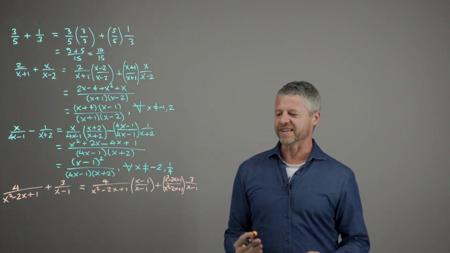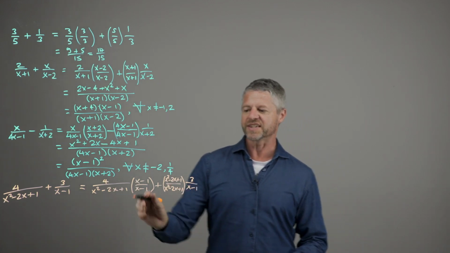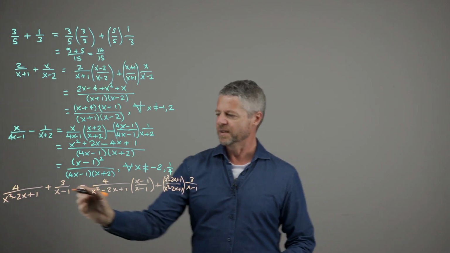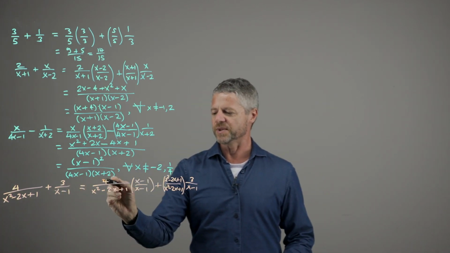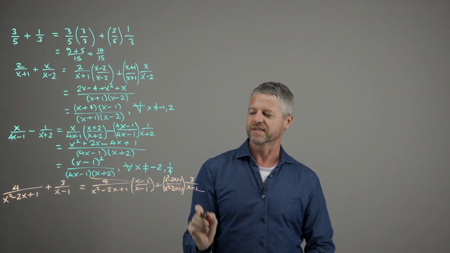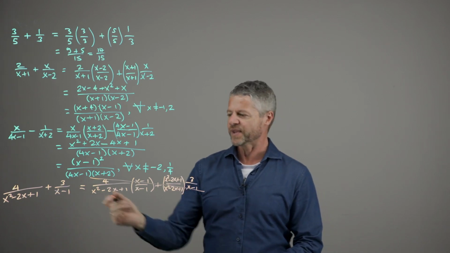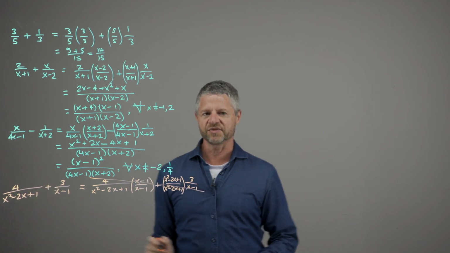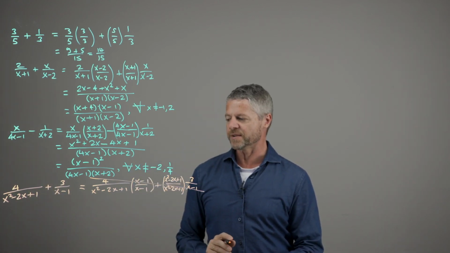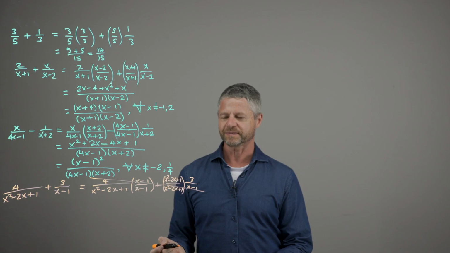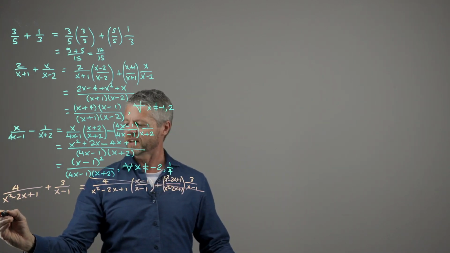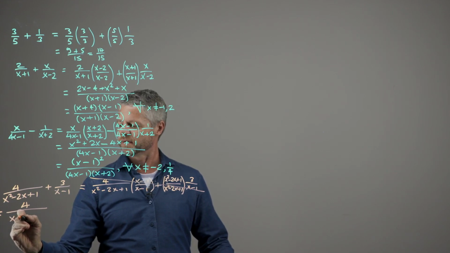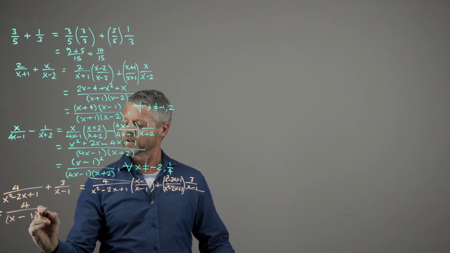It's complicated and messy, and it turns out that it's too complicated in this case, because we shouldn't have just proceeded through the steps without thinking. We should have thought first: this quadratic in the denominator of the first rational expression factors. In particular, it factors into (x minus 1) squared.